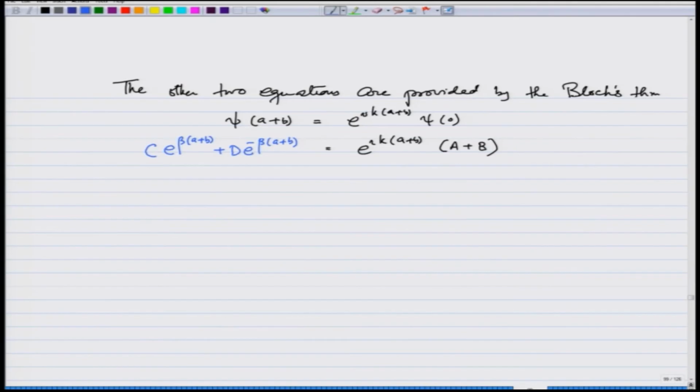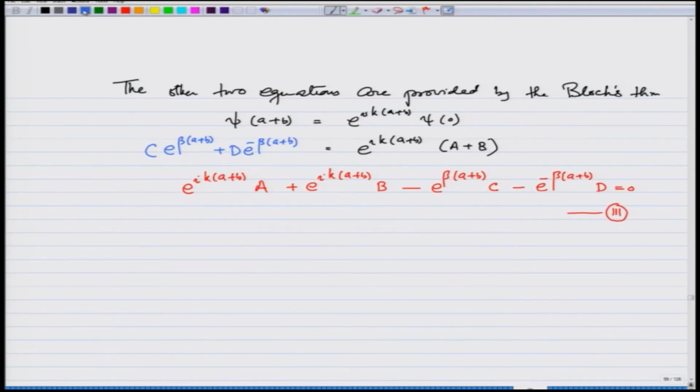So, I get the equation from here that e raised to i k (A plus B) times A plus e raised to i k (A plus B) times B minus e raised to beta (A plus B) times C minus e raised to minus beta (A plus B) times D is equal to 0. That is my equation number 3.